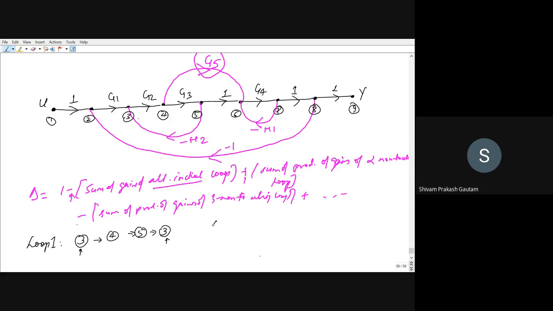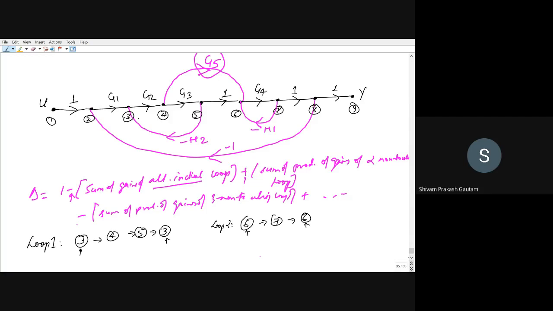We can see for loop 2, check loop 2, right? So see, we are at node 6, we are going to node 7, and then we are again coming back to node 6. See the direction carefully. It should not mismatch, right? You can see we are starting from 6, we are again back to 6 without the repetition of any node in between.